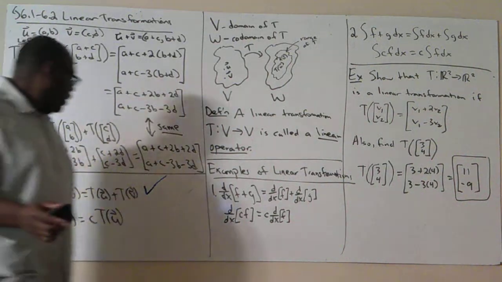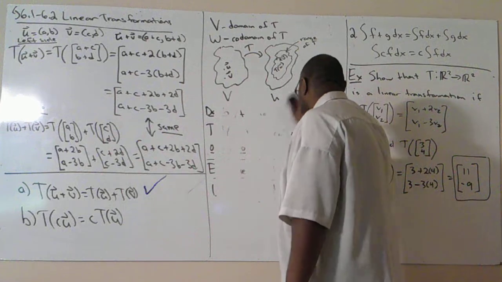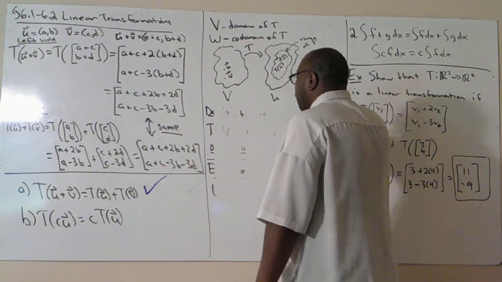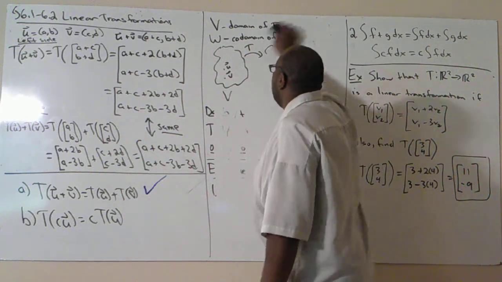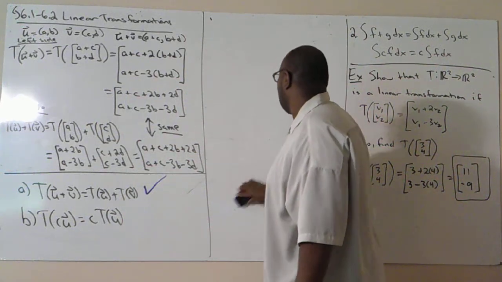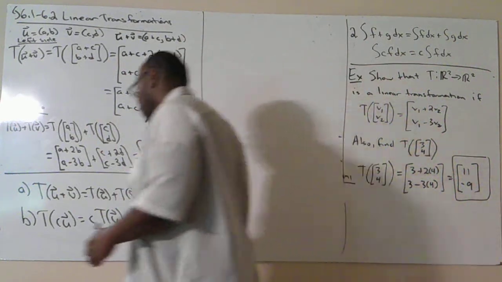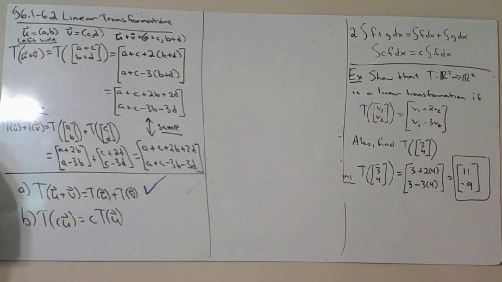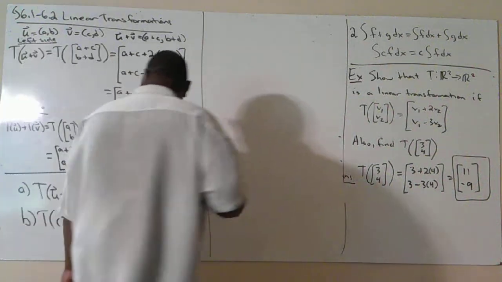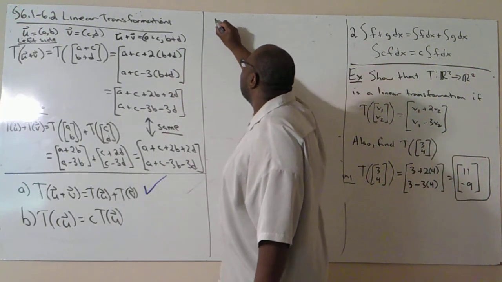What about T of C times U? I want to show that that's equal to C times T of U. I'm going to use the same U we had over there.